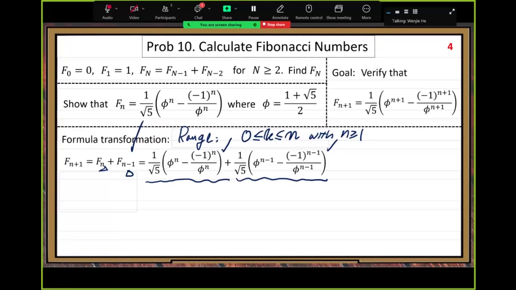Now, let's do the transformation. So we factor the common factor 1 over root 5 out, and inside the big parenthesis, let's move the power of phi terms together and two fractional forms together.